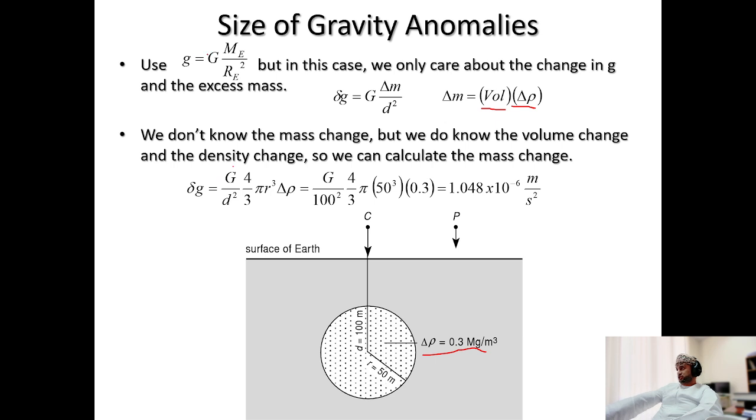We have G, the constant of gravity, and the radius, what we call the center of the Earth radius or depth in this case. I'm not concerned about the absolute values, I'm concerned about the difference in gravity from one point to another point. So the radius to the center of the Earth is converted to how deep the body is.